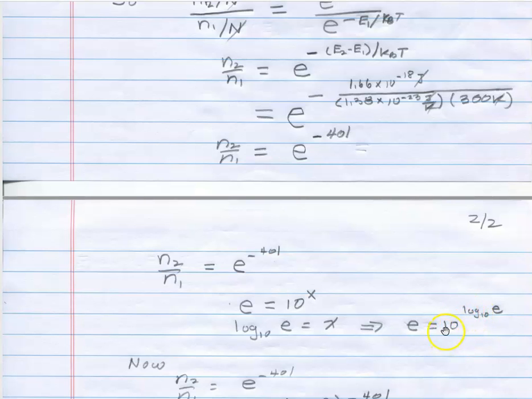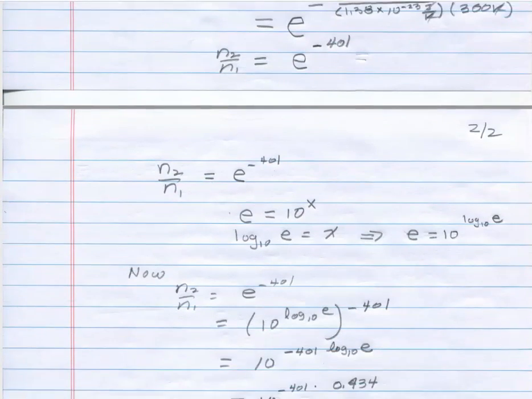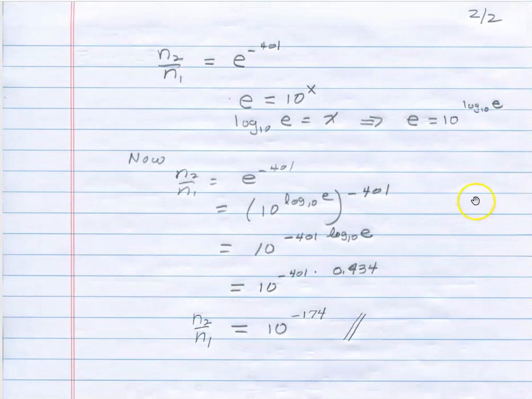Basically, these are inverses of one another: raising to the 10 power and taking the log base 10. So I'll use this relationship from logarithms and plug that in for e here. So e is 10 to the log 10 of e.